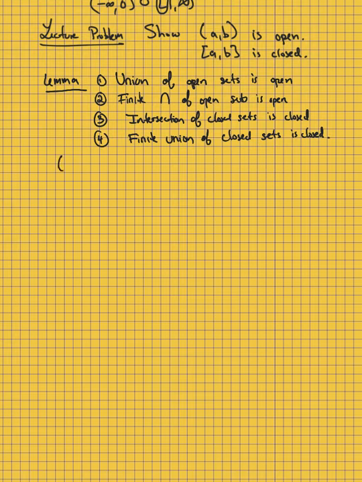So just to note, if I take the interval (-1/n, 1/n), each one is an open set, but if I take the intersection, I'm getting a single point 0, and you can check that points are closed.